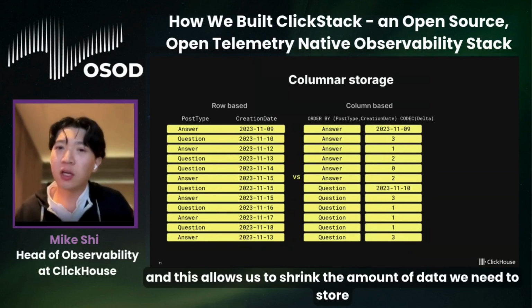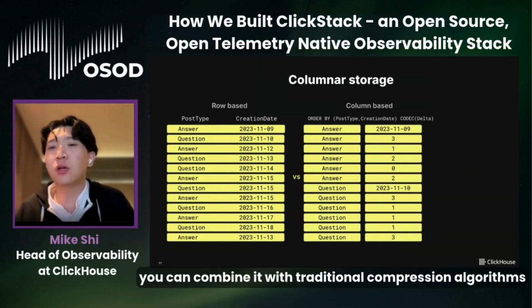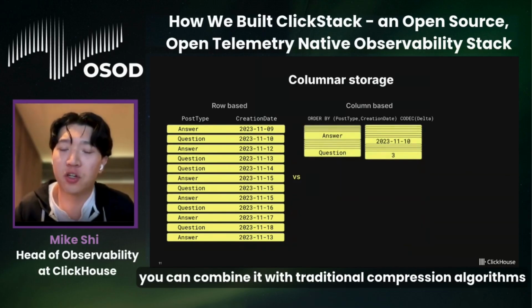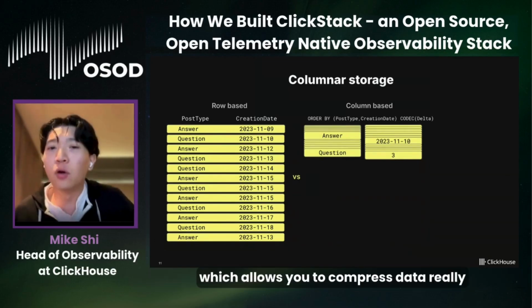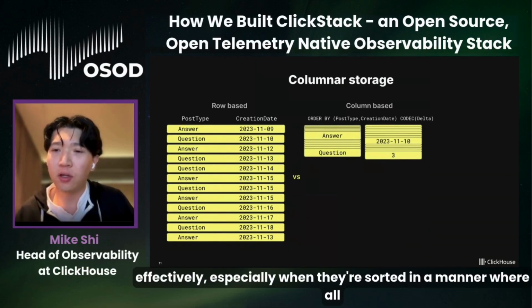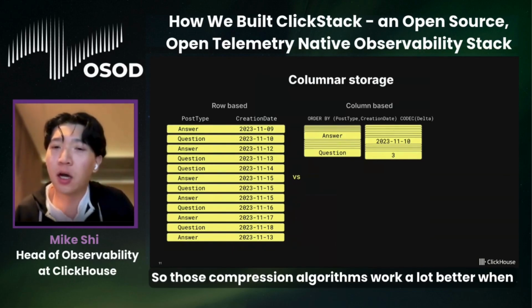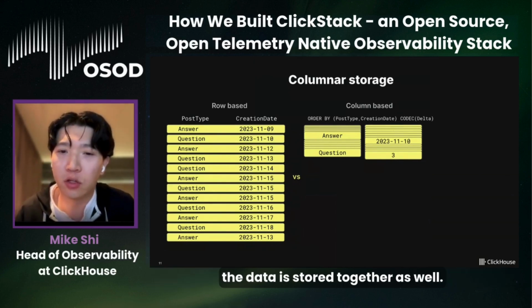And this allows us to shrink the amount of data we need to store by quite a bit. And then you can also combine it with traditional compression algorithms like ZSTD, which allows you to compress data really effectively, especially when they're sorted in a manner where all similar values are grouped together. Those compression algorithms work a lot better when the data is sorted together as well.